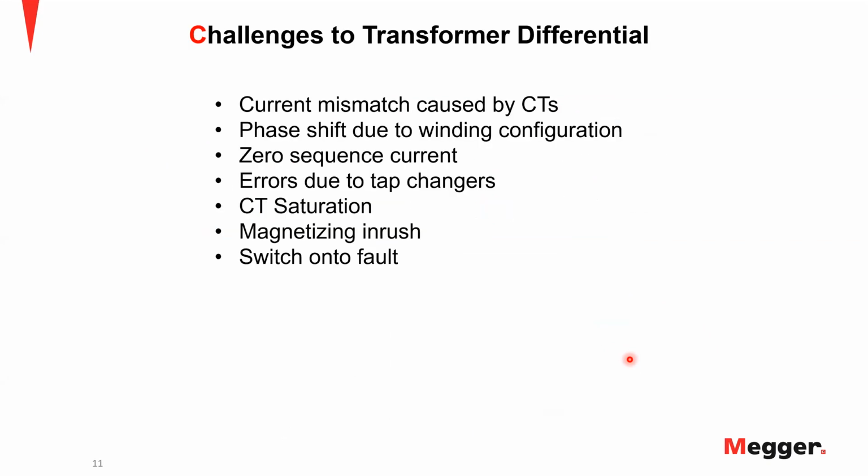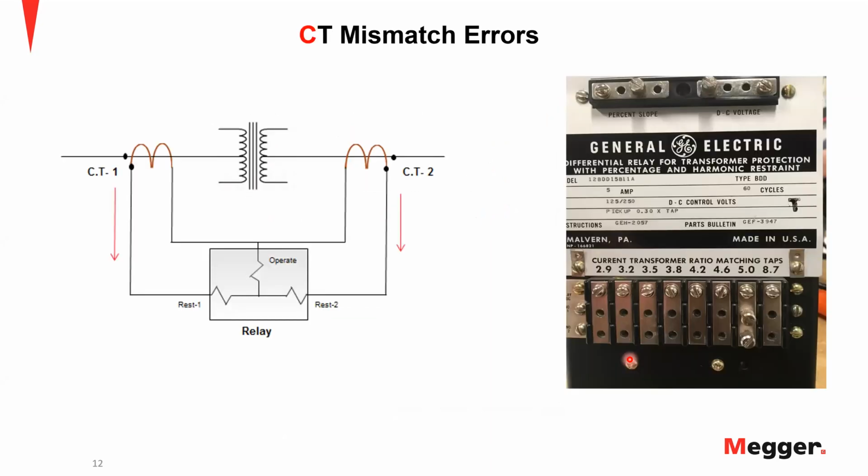Now that we have discussed the basics of current differential, how the differential relay works and operates, let us get into the challenges that we usually face in working with the differential. The first challenge is CT mismatch errors. Most of the time we will have different CT ratios on both sides, so we need to come up with tap settings that match the CT ratios we have on both sides.